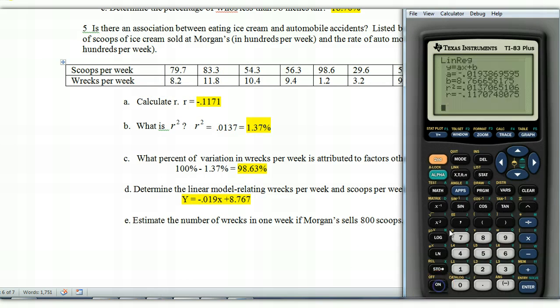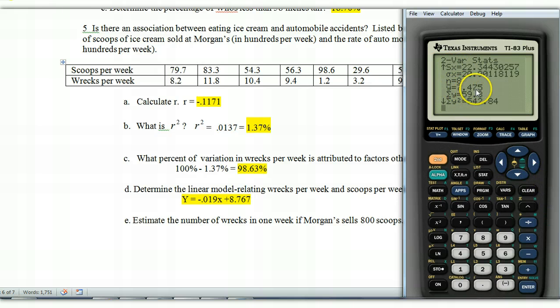So remember, if you have two variables, you don't use one variable stats, you use two variable stats. And we're looking not for the mean of the x's, but for the mean of the y's.